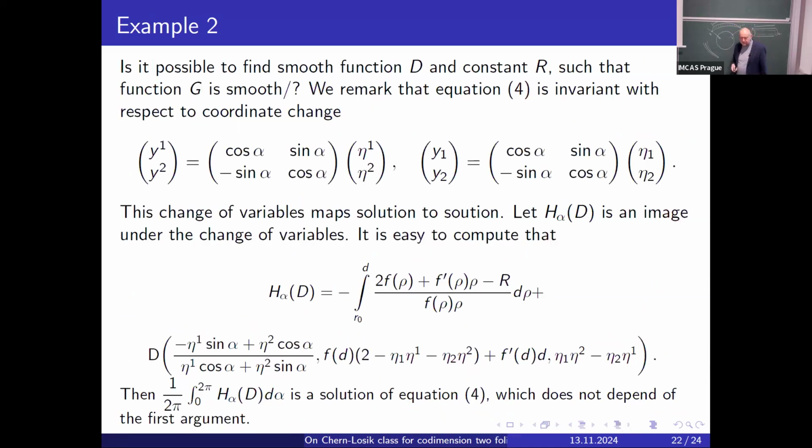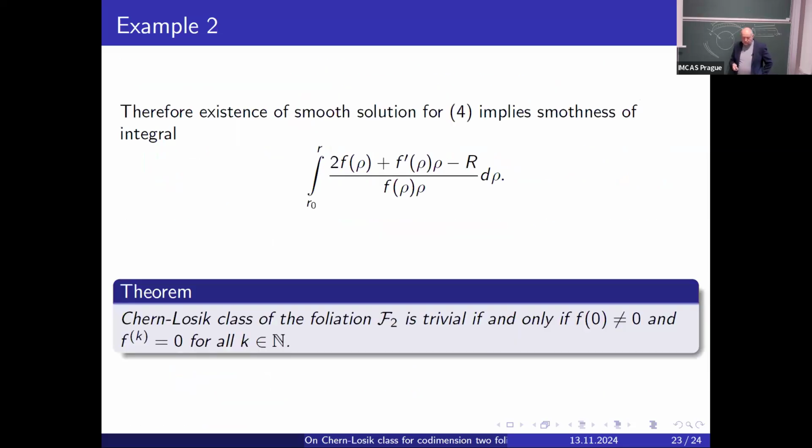So what we get is that existence of a smooth solution of the equation is equivalent to smoothness of this integral. And then we proved that the Chern-Losik class is trivial if and only if f of 0 is not 0 and all derivatives at the 0 point equal 0 for all k.